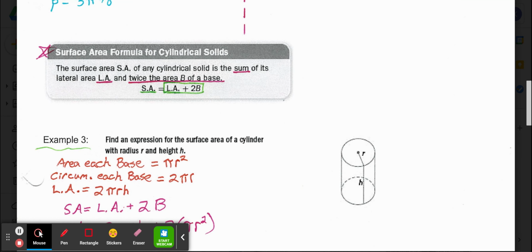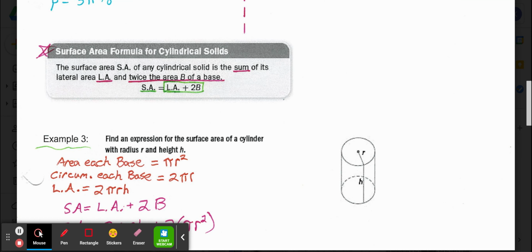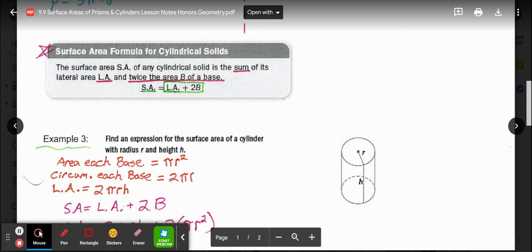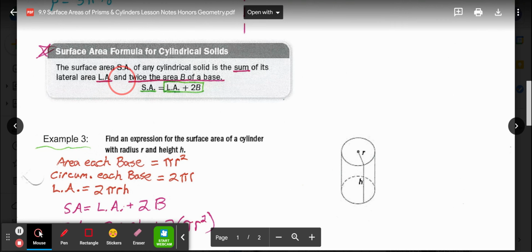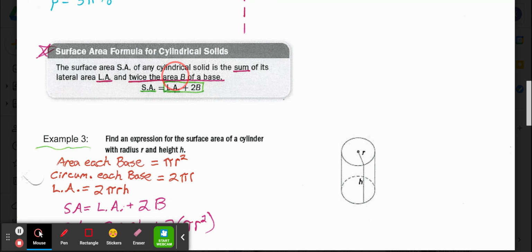Then we get the surface area formula for cylindrical solids. Any solid cylindrical object has a surface area which is the sum of its lateral area and twice the area of a base, represented by this capital B. So our surface area formula for any cylindrical solid is the lateral area plus 2 times the area of the base.